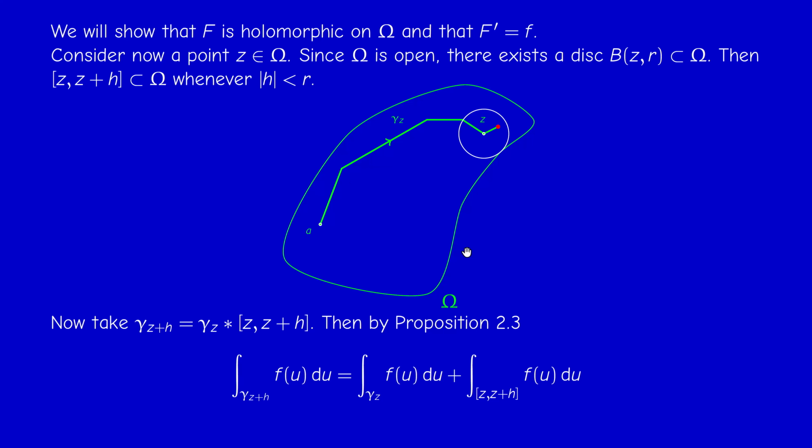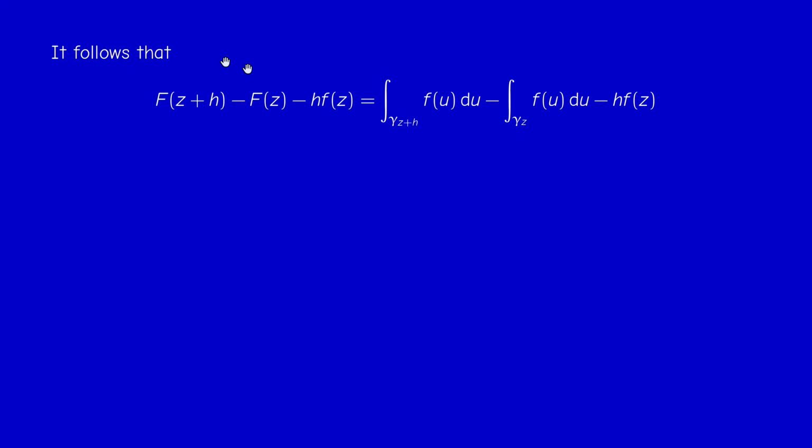Now let us evaluate this difference, capital F of Z plus H, which is well defined now, minus capital F of Z, minus H times small f of Z.